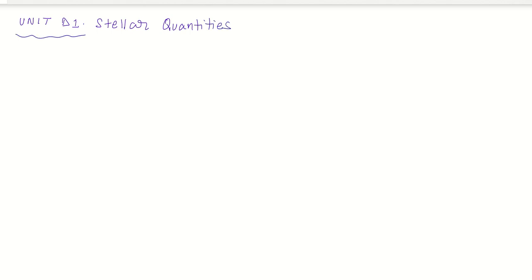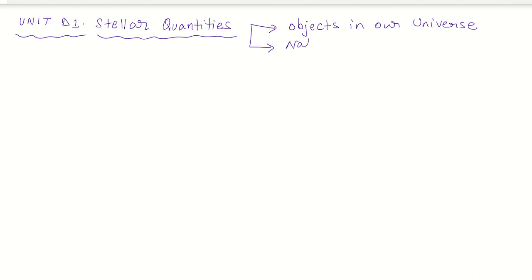Okay, now this has certain subdivisions. So in this unit we are going to see certain things. One is objects in our universe. We are also going to see nature of stars. Then we are going to study astronomical distances.